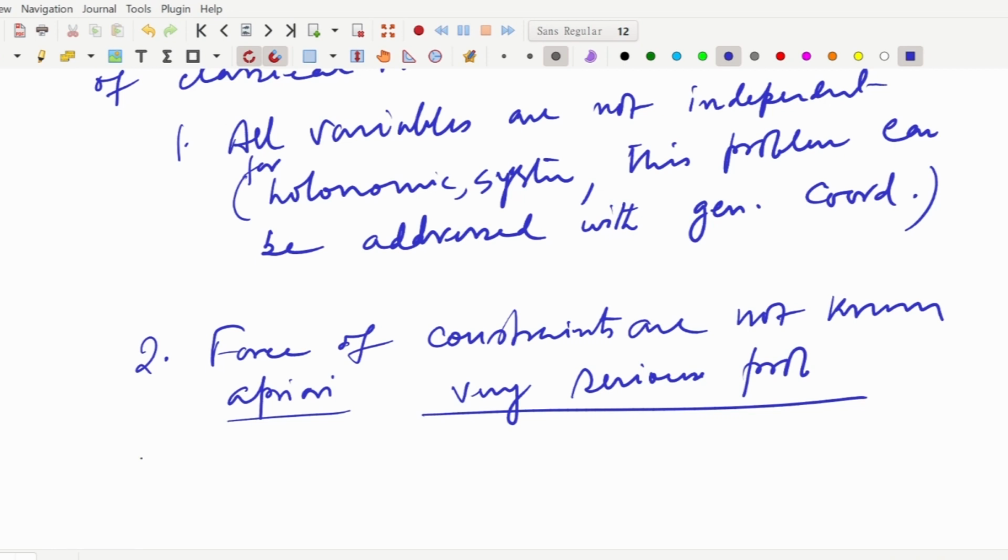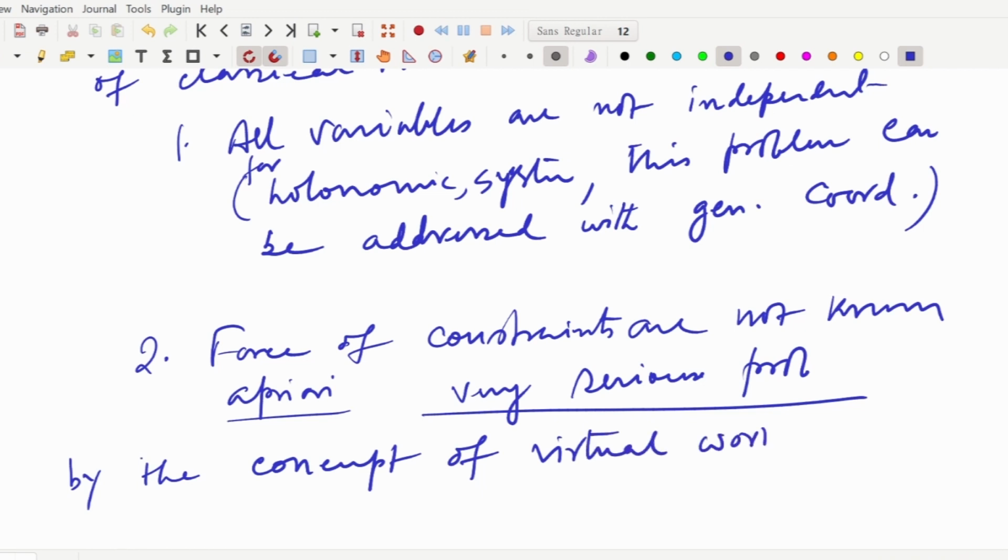So this problem can be handled by the concept of virtual work and D'Alembert's principle.